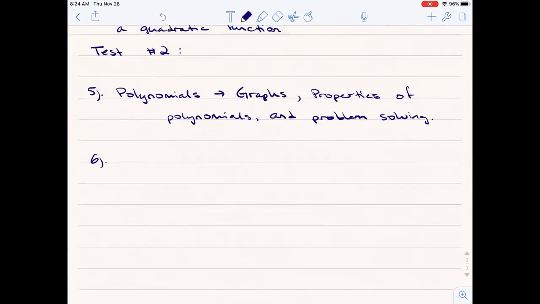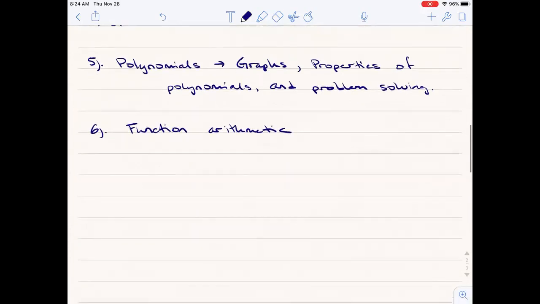And so we said function arithmetic, solve and find the domain and range is an option.